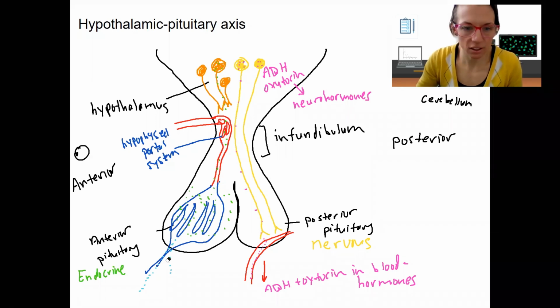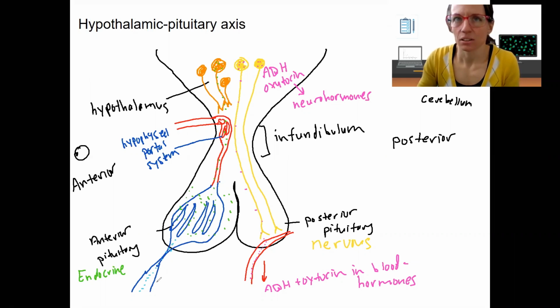I'm going to erase these here because these hormones are going out the blood to where? The entire body. That's what hormones do. So one example would be ACTH, adrenocorticotropic hormone. That's going to cause the release of cortisol in the adrenal gland. We'll get there. Right now, I want to focus on the anatomy.